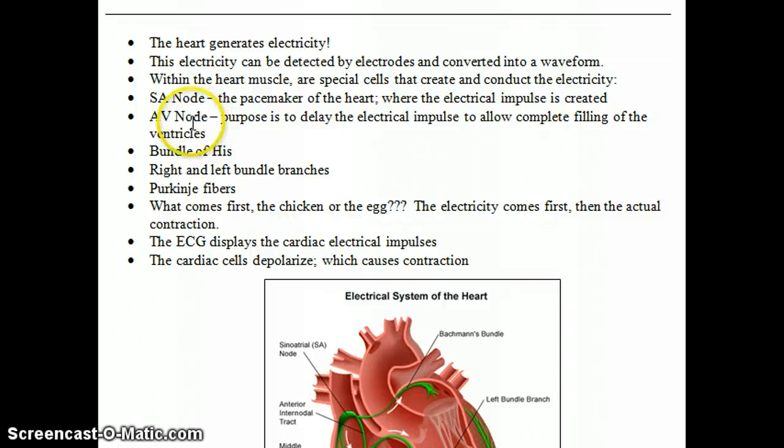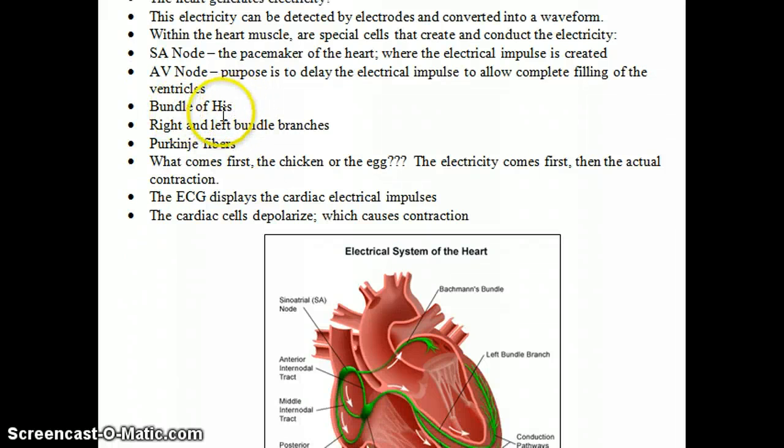Then from the AV node, that electrical impulse is sent to the bundle of His. From the bundle of His, as a side note, the bundle of His also could be called the AV bundle, the atrioventricular bundle.